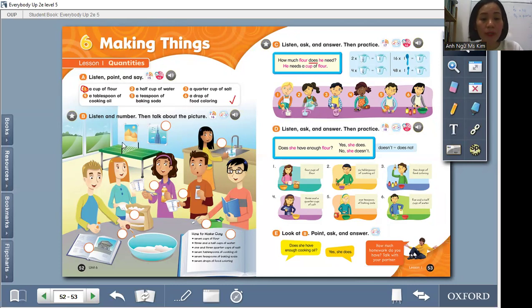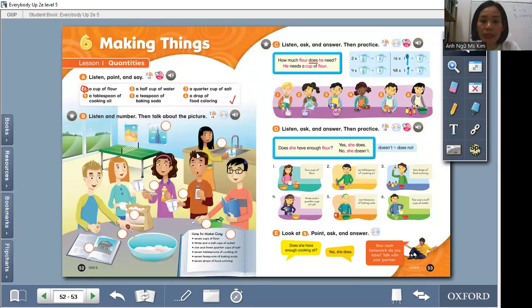So just go slowly. Teach them to read well, pronunciation, and to understand what the lesson is about.